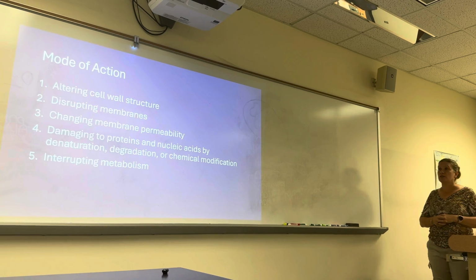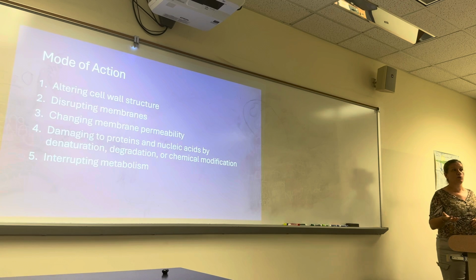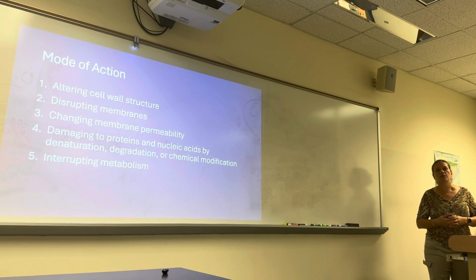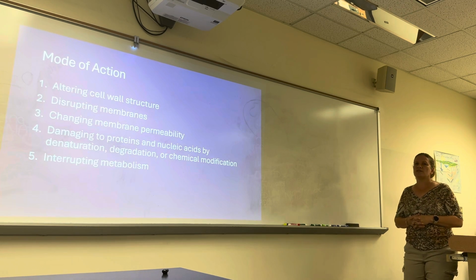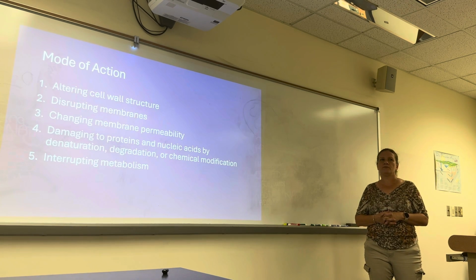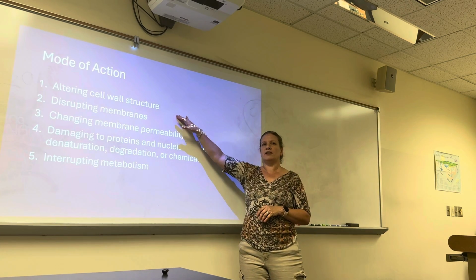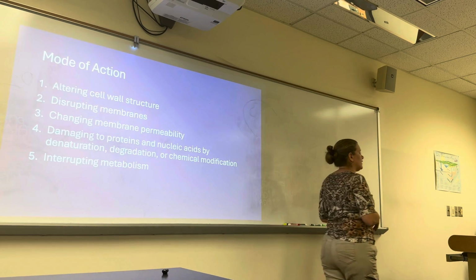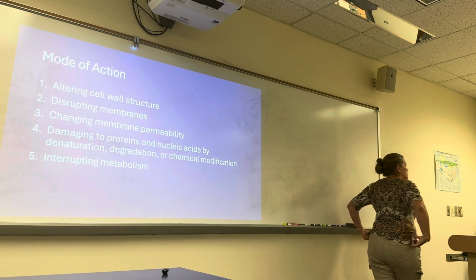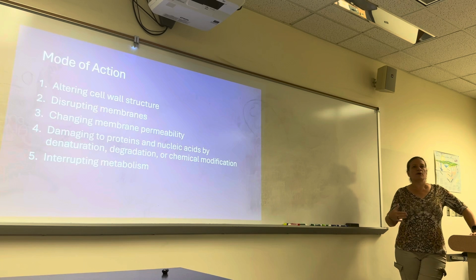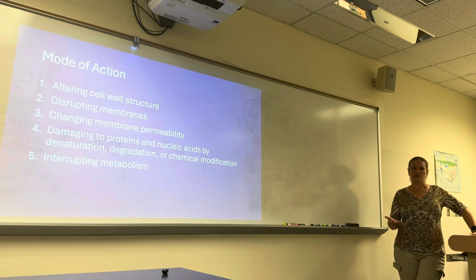That's going to be important because if you change the cell wall structure, that is remove the cell wall, then that particular microorganism becomes susceptible to osmotic pressure. So usually this is a bacteriostatic process. The fact that the antimicrobial is altering the cell wall in itself is not going to kill the cell, but rather osmotic pressure would kill the cell, right?